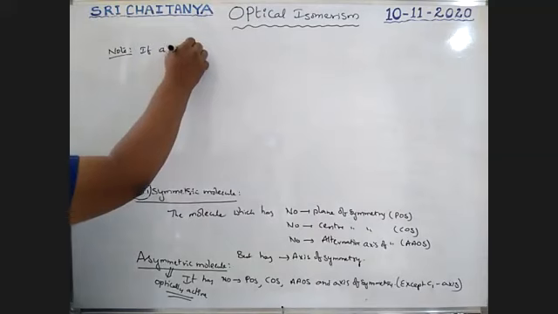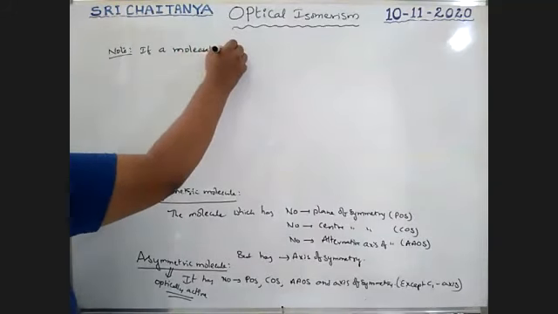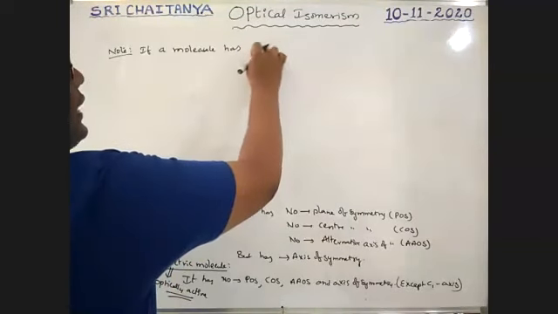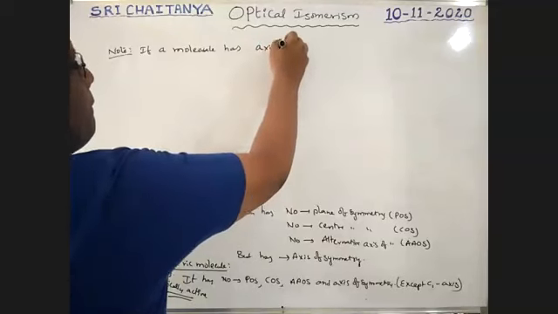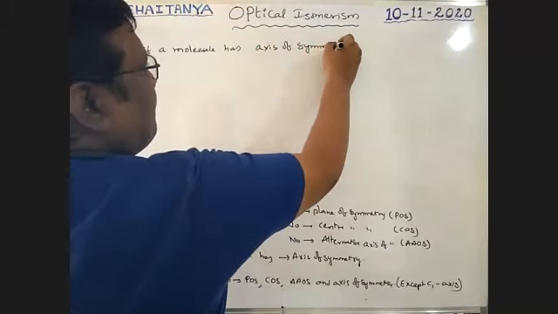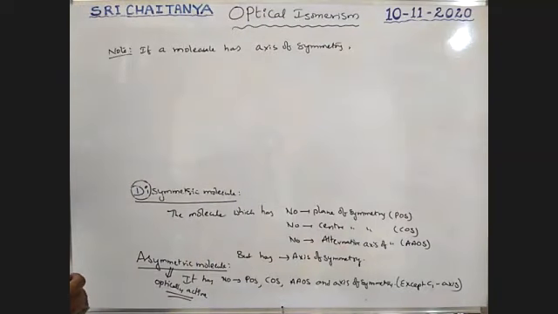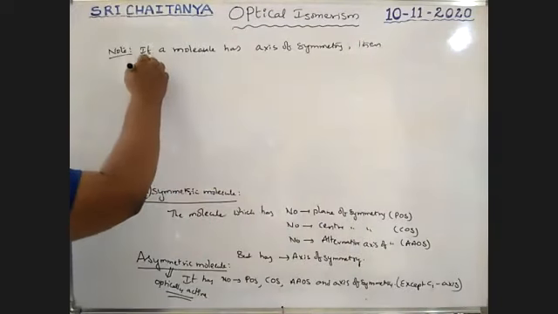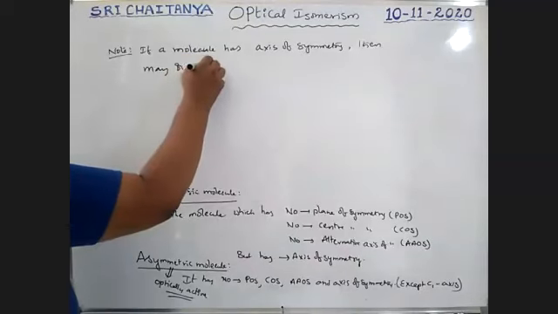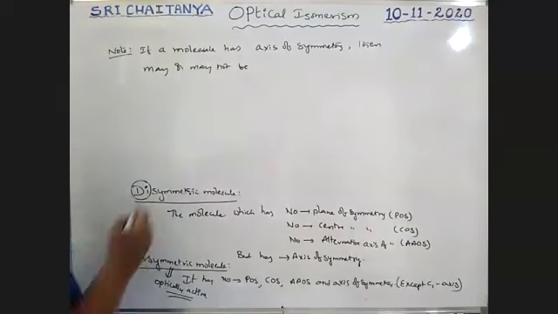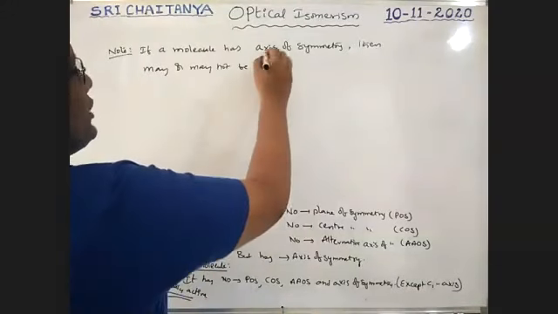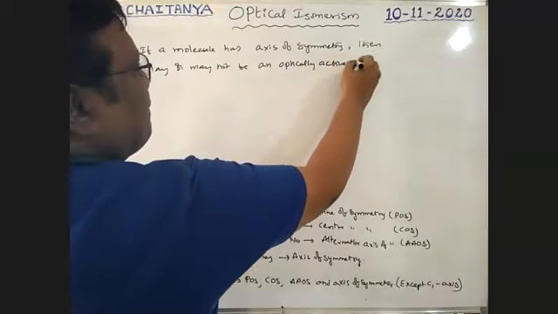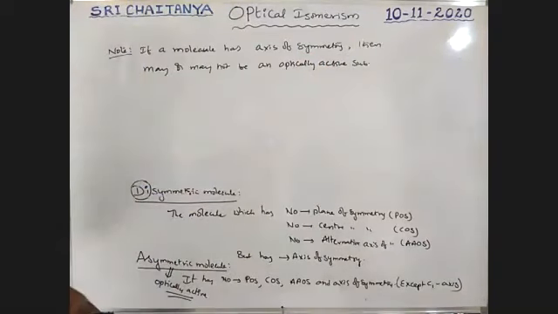If a molecule has an axis of symmetry, then it may or may not be an optically active substance, boys.